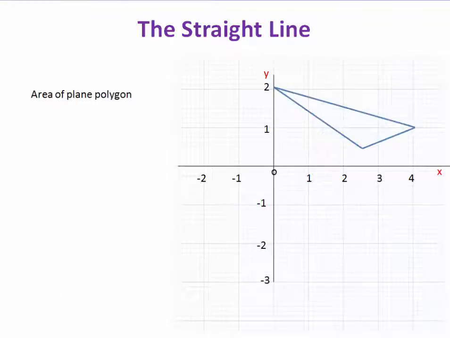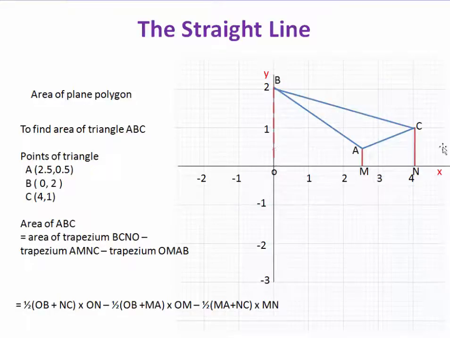The area for a polygon. So if we want to find the area of a polygon, how we go about this is we draw some vertical lines down, and then we get this big polygon which is BCNO, and these little polygons BAMO and CNMA.